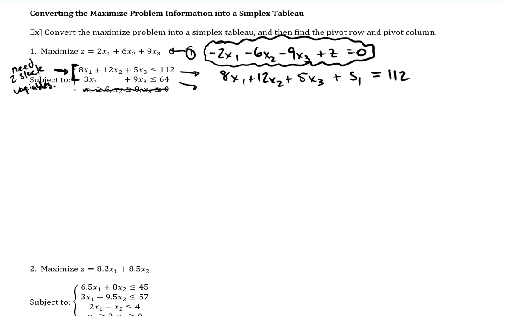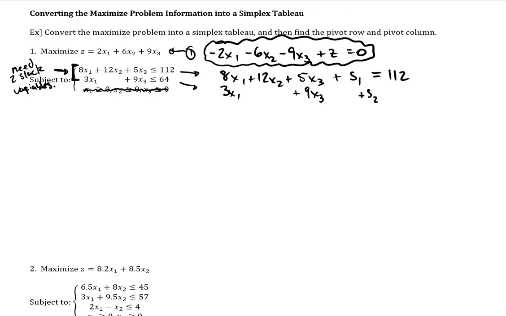We'll do it with this one as well. They're usually nice enough to show the gap if there's a missing variable. If they don't, just be careful. I want to make sure my organization is still good. So 3x1, there is no x2, so I'll skip it and do exactly what they did, plus 9x3. Here it would be a different slack variable, S2, since these 2 slack variables would not be equal.